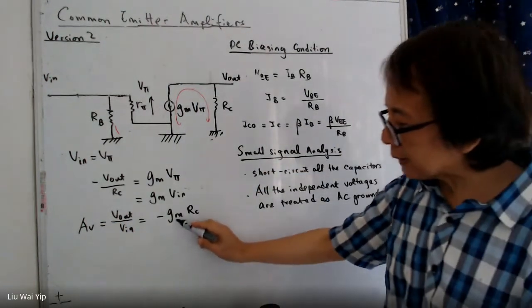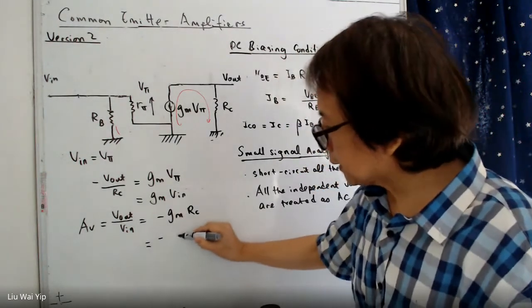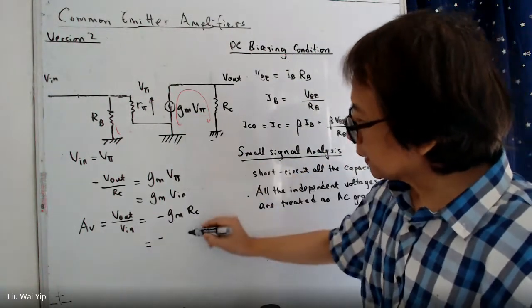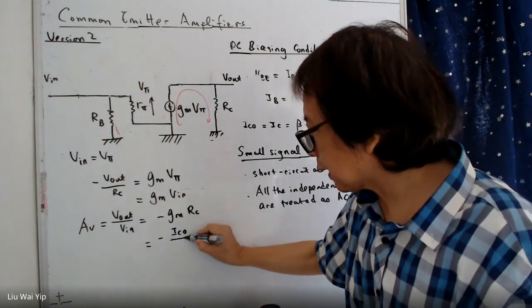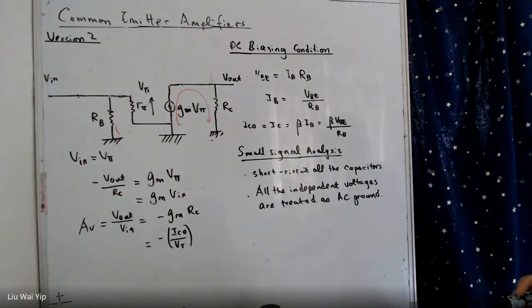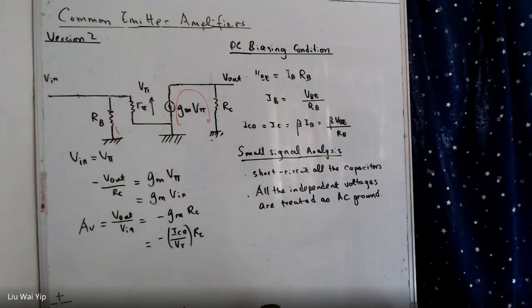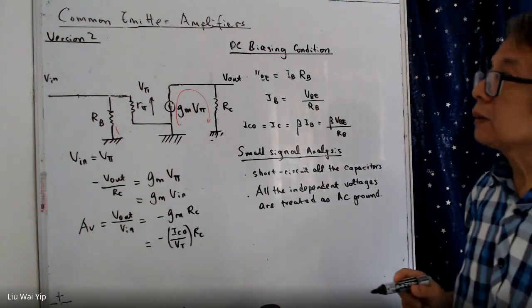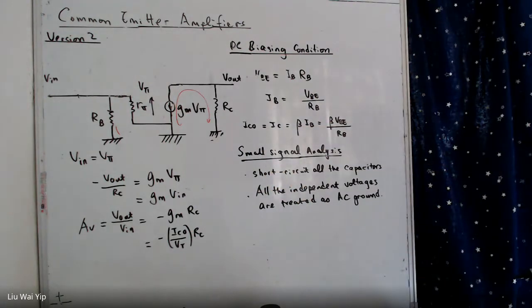And what is GM? GM, by definition, is the transconductance. The way to calculate it is IC naught divided by VT, like what I have shown to you in the previous example. So this is the version 2 of the circuit.